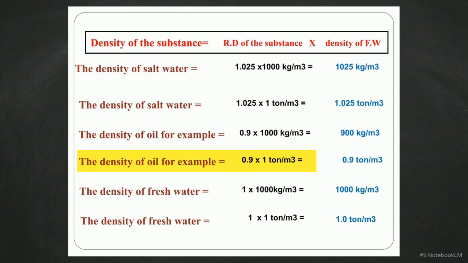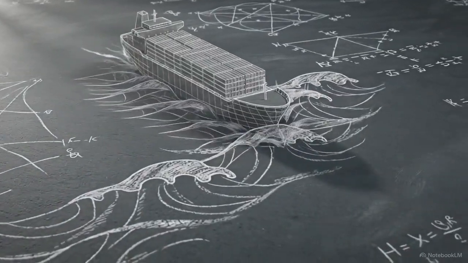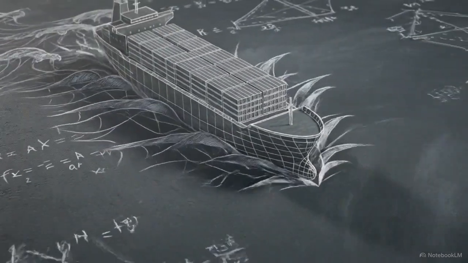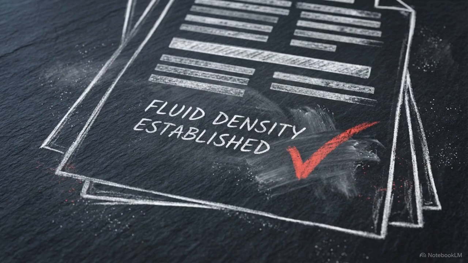Heavy fuel oil typically registers a relative density around 0.9, meaning it weighs 0.9 tons per cubic meter. Applying this multiplier means a navigator can swap out cargo variables for any liquid. They determine the exact mass of the load without ever needing to recalculate the fixed geometric architecture of the ship's tanks.